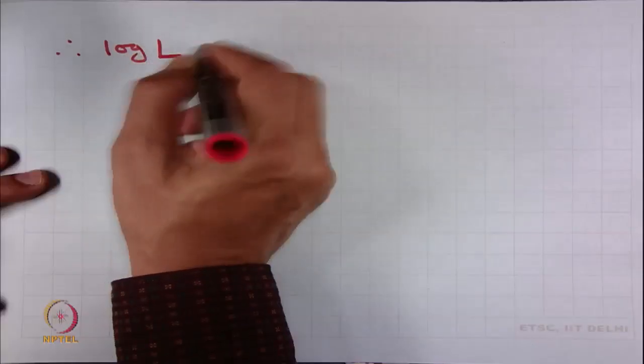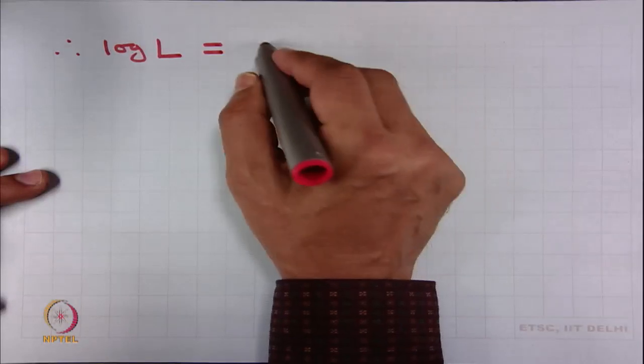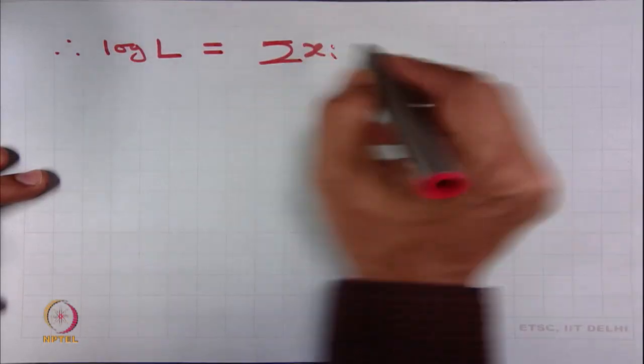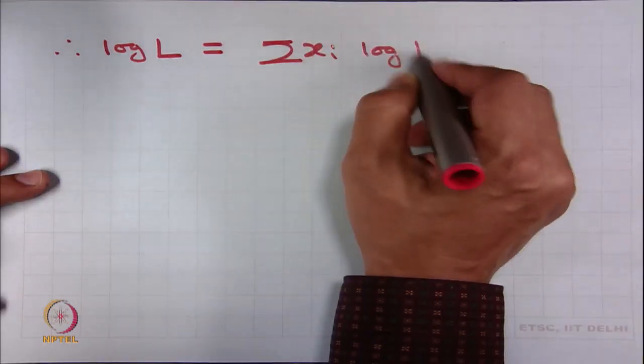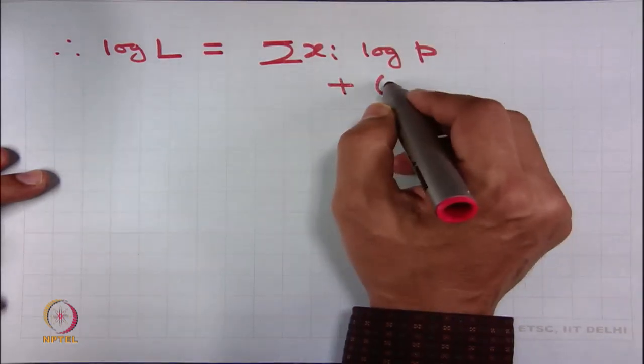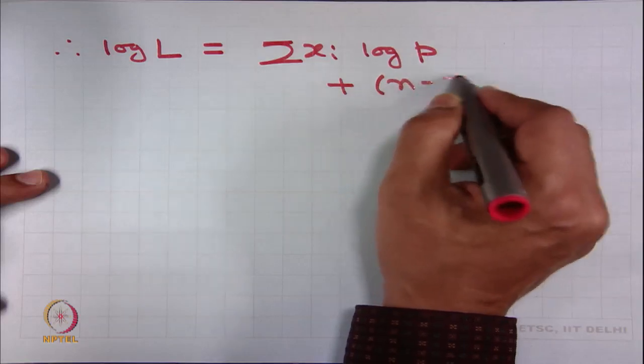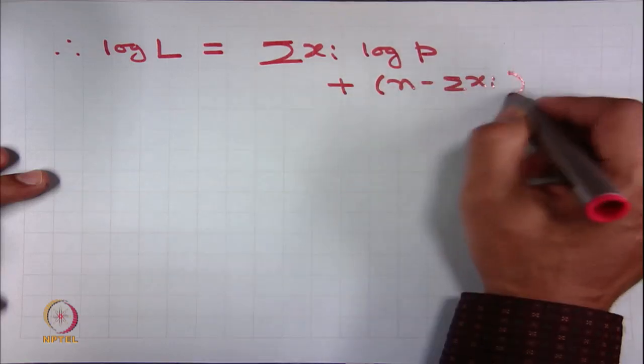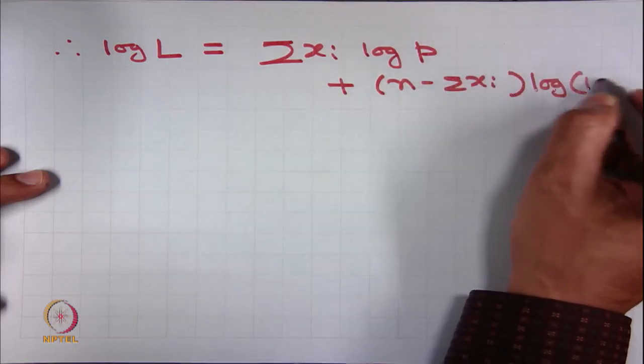Therefore, log of L is equal to sigma x i log p plus n minus sigma x i into log of 1 minus p.